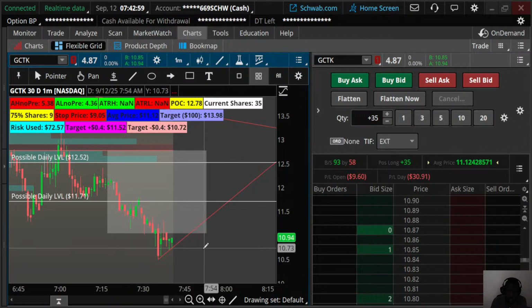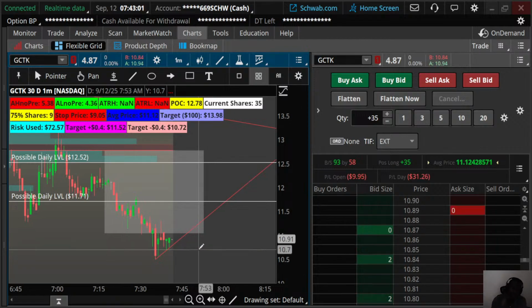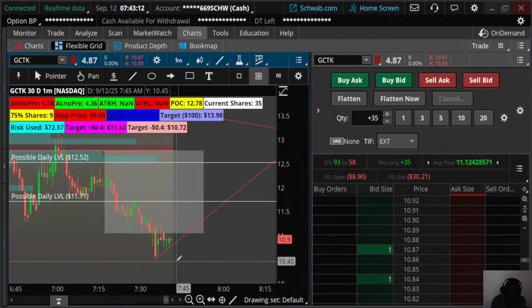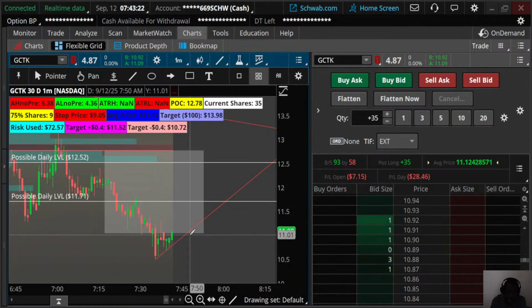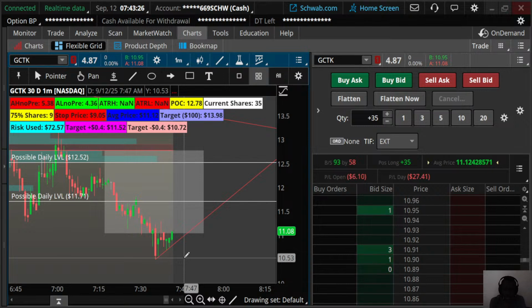Such a slow movement. All right. It is what it is. At this point, I'm just going to be walking my stop up. Right now it's at 10.50. Can we get back into this zone? $11. Start holding up 11 a little bit.